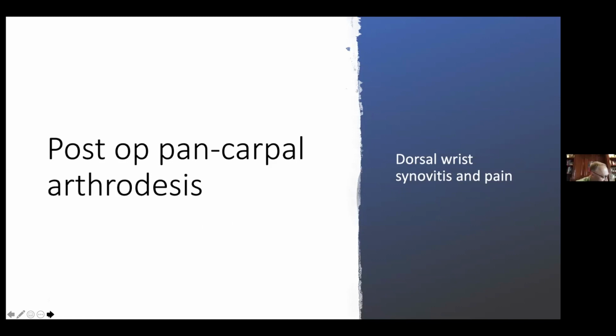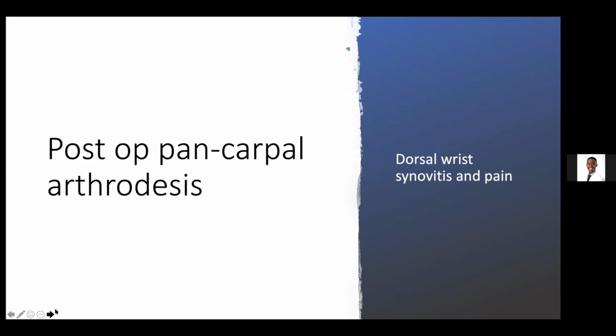Anthony, I've been really beating on you for this. I suppose we could try a revision fusion with bone graft. Just think about it though. It's synovitis. So you could attempt arthroscopy. No, it's synovitis of the extensor tendons.